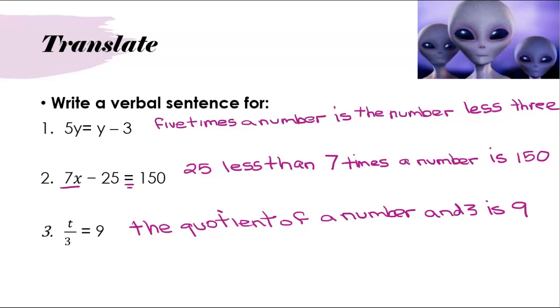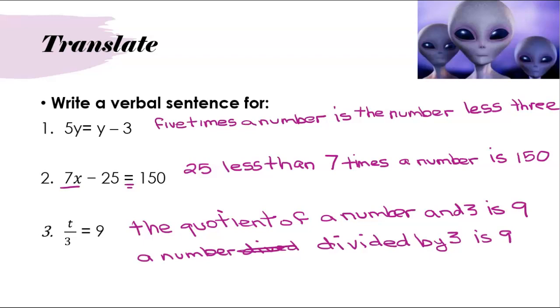You could say a number divided by 3 is 9. Okay, you could also say a number, because remember, fractions are only division problems. Divided by 3 is 9. Okay, that's another way to write it. There's several ways to write these. It's how you like to write them.